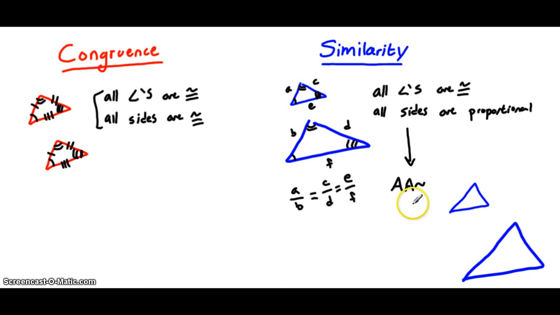That's pretty quick. We also have another theorem that we'll look at called side-side-side similarity. That states that if you can show that the sides, all three sides, on the two triangles are proportional, then there's no need to check the angles. These two triangles are automatically similar. There's also one additional shortcut called side-angle-side similarity, but we won't use it very often, and so that won't be covered in this video.